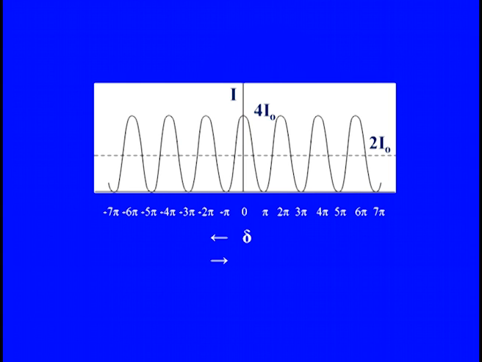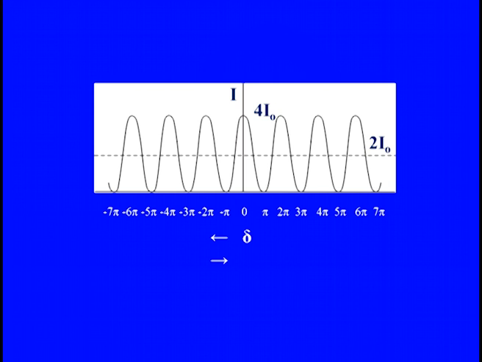From this figure it is clear that when two beams of light arrive at a point exactly out of phase, they interfere destructively and the resultant intensity is 0. On the other hand, when they meet exactly in phase, that is, they interfere constructively, then the resultant intensity is 4 times I naught. Here it should be noted that there is no violation of conservation of energy in the phenomenon of interference.